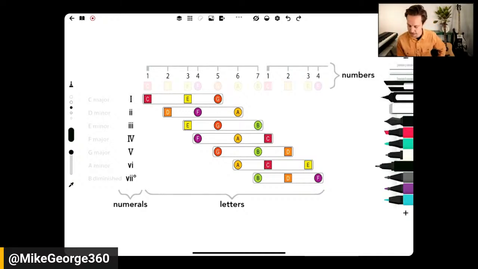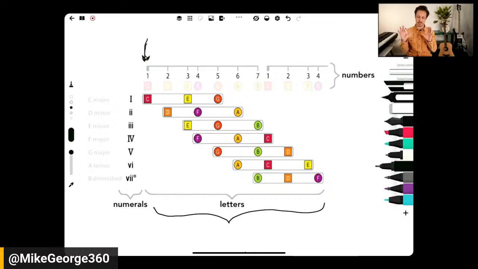But we have numbers, which are meant to represent scale degrees, but they are indirect in that they're kind of a step removed from showing how the notes relate. Then you have letters, which are also indirect in that they are abstract symbols that have been retrofitted or kind of awkwardly applied to musical notes.